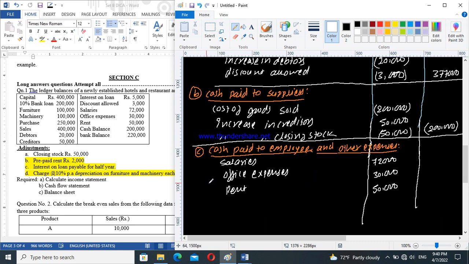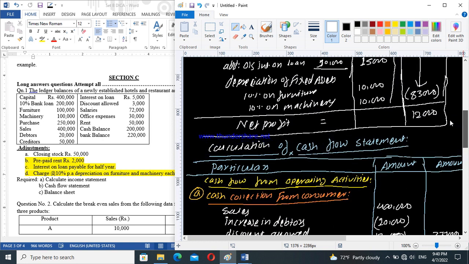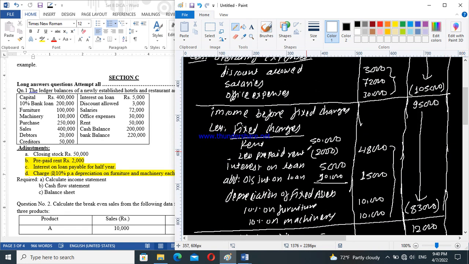Okay. Depreciation is a non-cash item, therefore it is not included in the cash flow statement. But other prepaid and interest on loan payables, if you settle, you are required to write down above this given information.